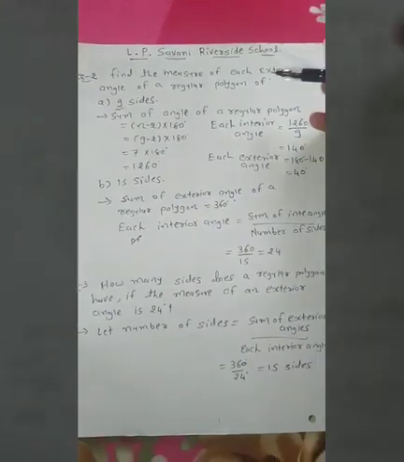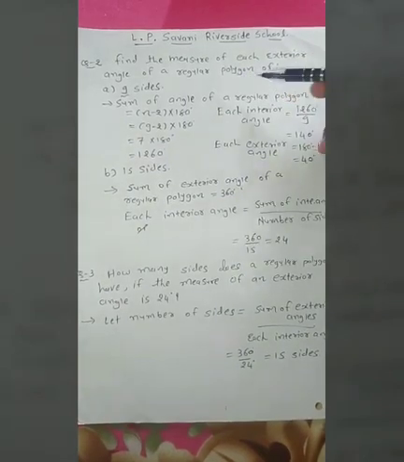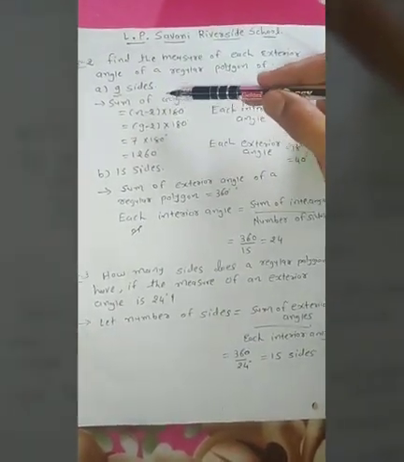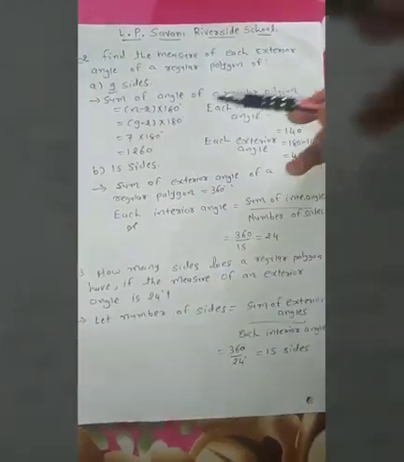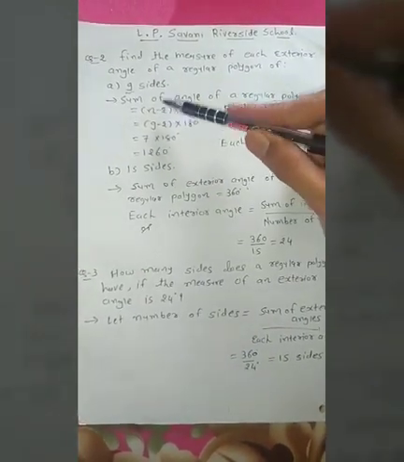In question number 2, find the measure of each exterior angle of a regular polygon. Here the polygon has 9 sides, so the sum of angles of a regular polygon is n minus 2 multiplied by 180. So n is equal to 9.